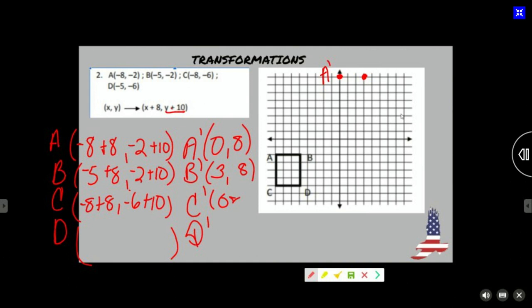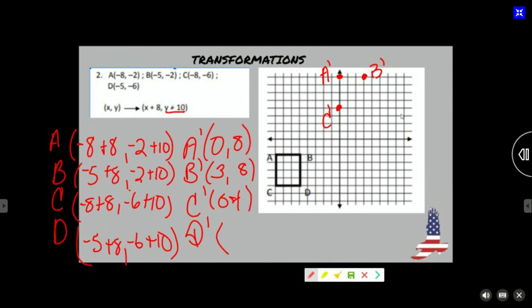All right, so my C prime is 0, 1, 2, 3. D is negative 5 plus 8, negative 6 plus 10.